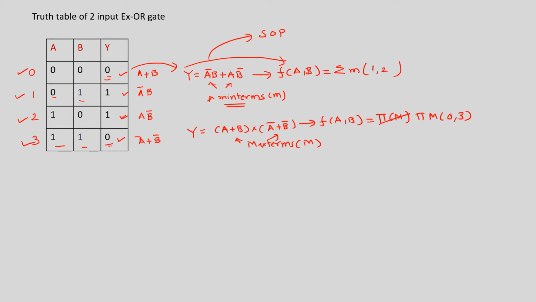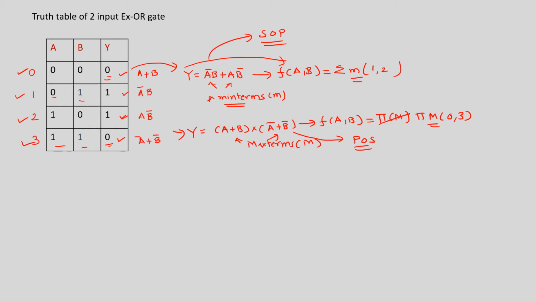So the truth table is converted like this. This type of equation is known as POS. So in a nutshell we can say any truth table can be converted into the SOP equation or into the POS equation, or in the form of minterms or in the form of maxterms.